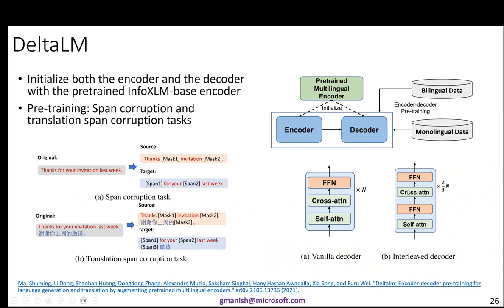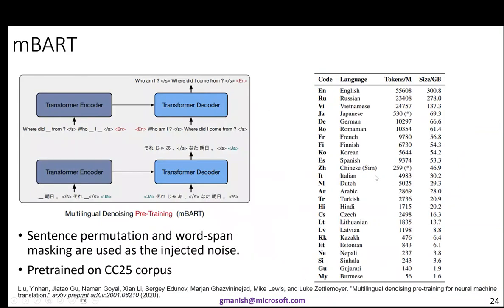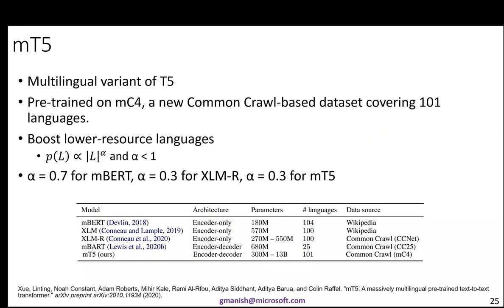The reason for doing this is that they wanted to ensure that none of the weights in this model are trained from scratch. This setup helped them initialize even the decoder layers using an InfoXLM encoder. Typically, people so far with mBART and MT5 train from scratch, and therefore could reach a particular level of accuracy.